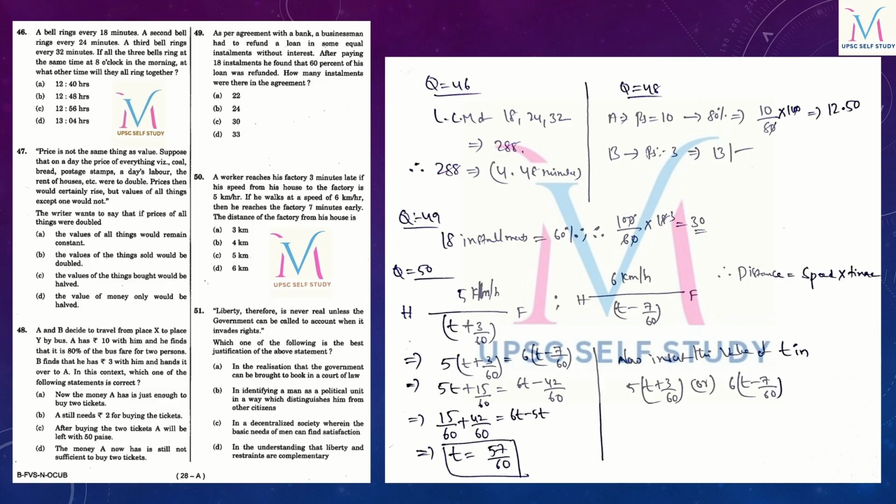If we simplify this, with time 57 by 60 in either one, we get 5, which means the distance of the factory from the house is 5 kilometers.